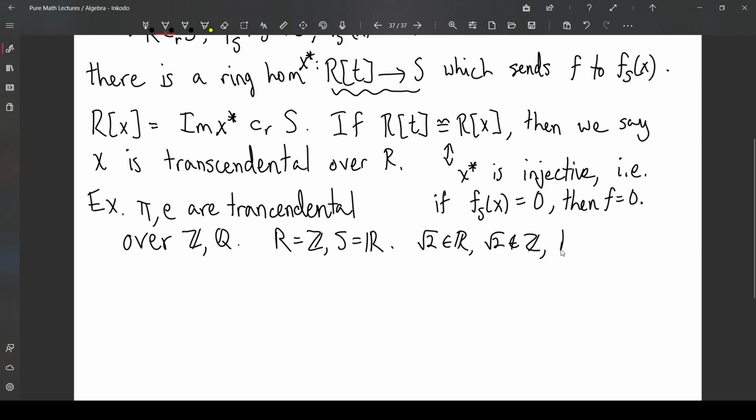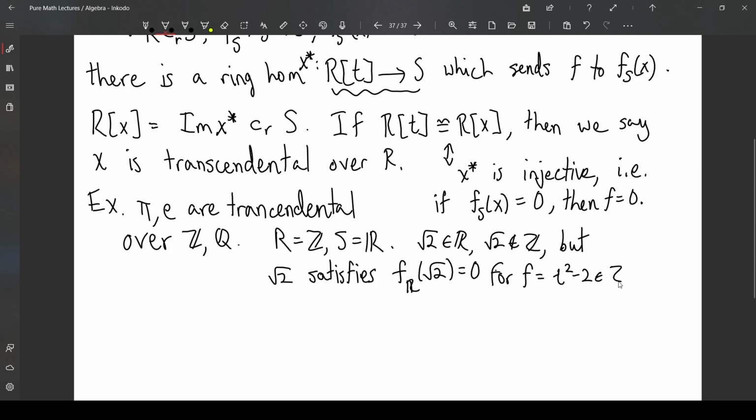Okay. But square root of 2 satisfies f(√2) = 0 for f equal to t squared minus 2, which is an element of the polynomial ring over the integers.